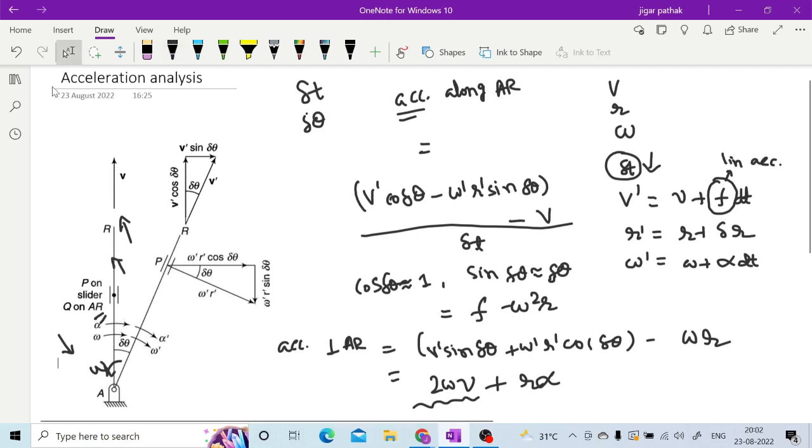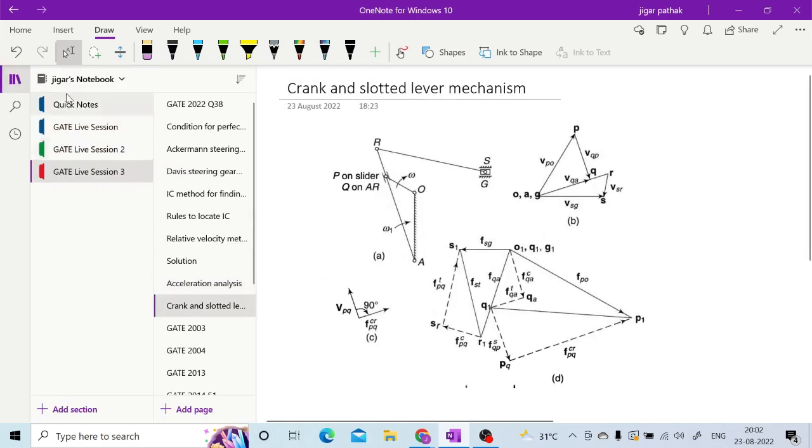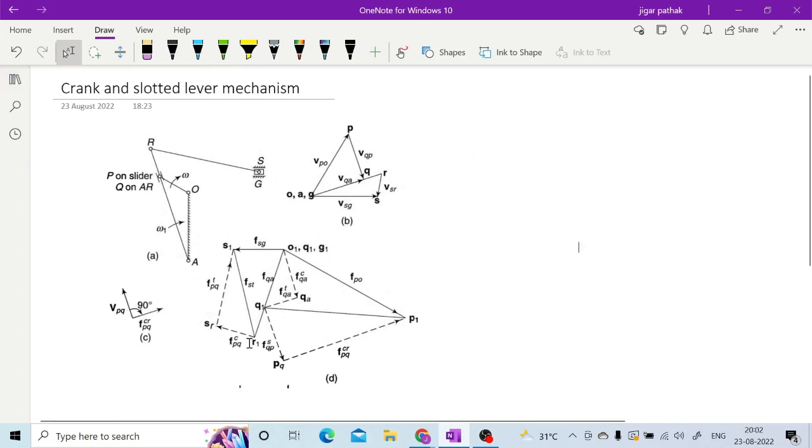Now once you have this idea, you can go for drawing the velocity and acceleration diagram for the crank and slotted lever mechanism also. Here, for this velocity diagram, I guess you are all familiar with this one.